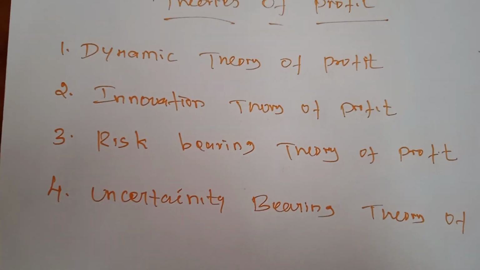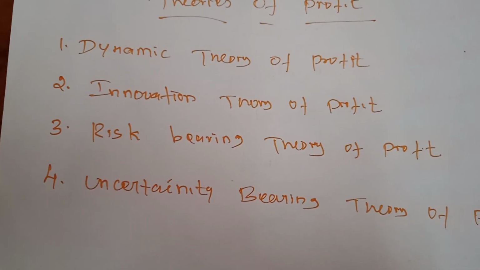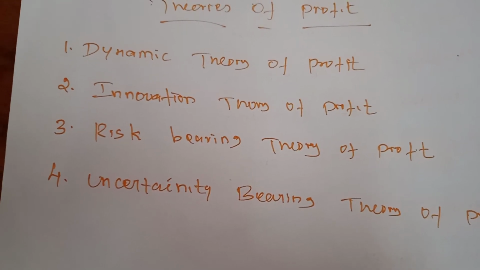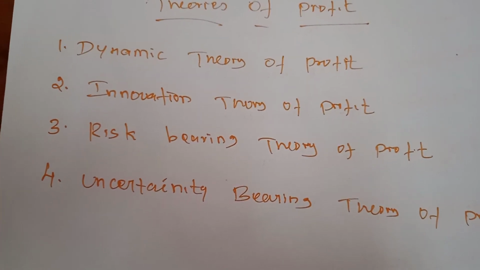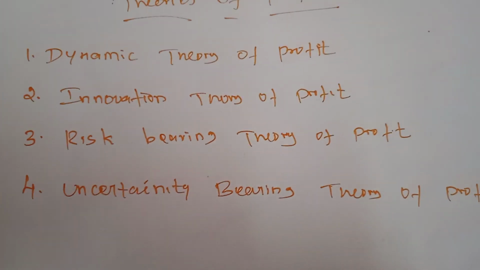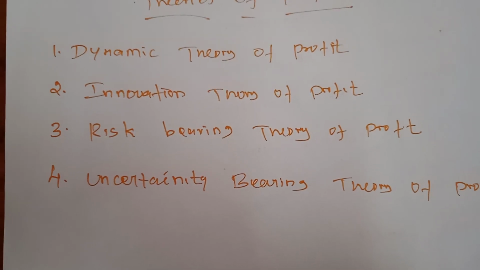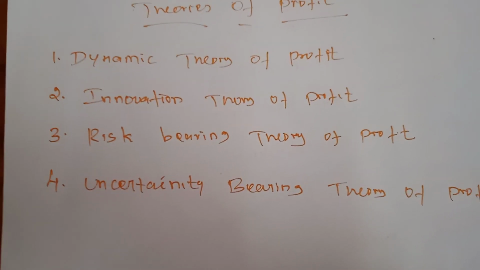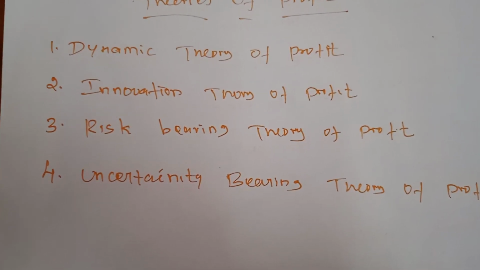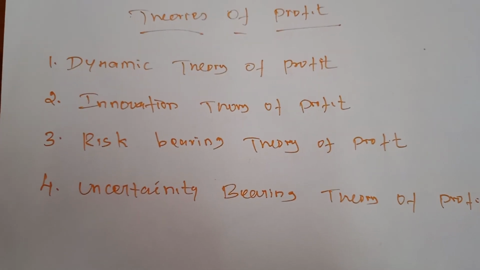Every entrepreneur produces goods in anticipation of demand. If his anticipation of demand is correct, then there will be profit, and if it is incorrect, there will be loss. But we never know about the demand, or the time when demand arises. A good entrepreneur has the power to predict the future demand for commodities.